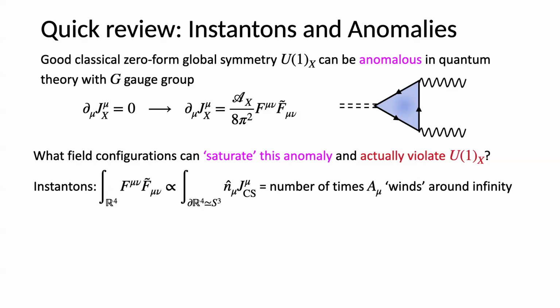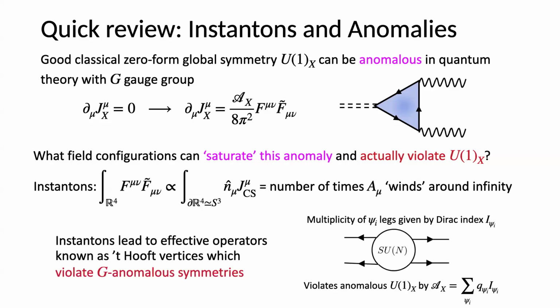And even more, how do we actually see this violation in the low energy theory, in terms of what the Lagrangian does, the dynamics of local operators? Well, around 50 years ago, some remarkable work of 't Hooft showed us that at low energies, you should think of these instantons as generating what we call 't Hooft vertices.